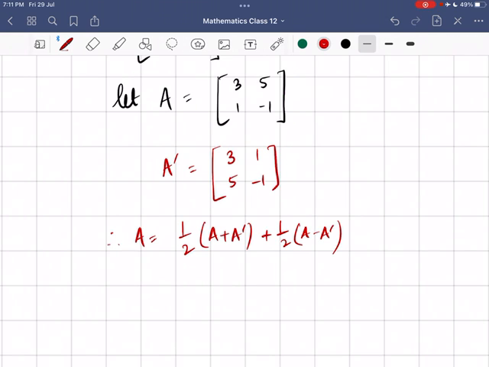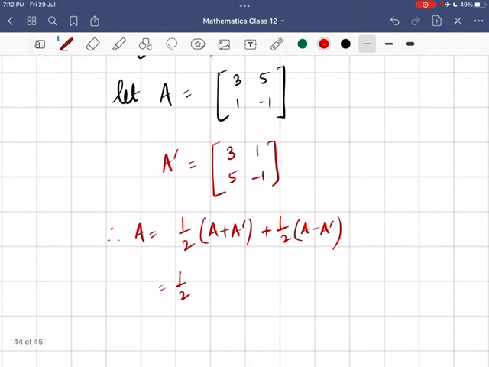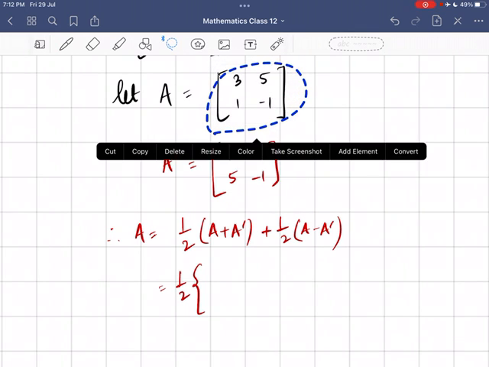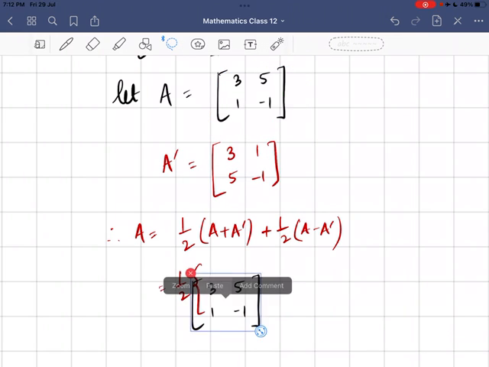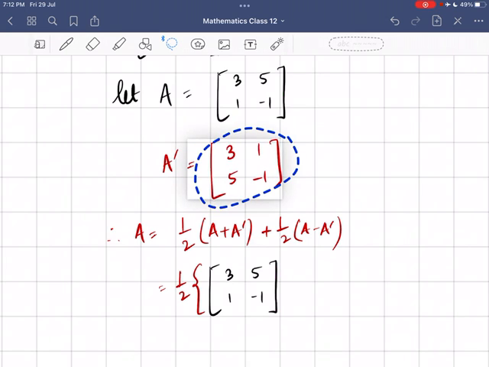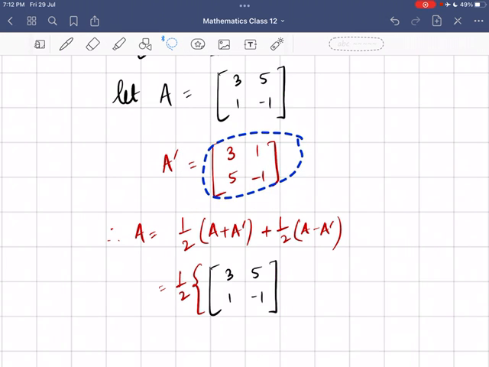So half of, now A plus A transpose, how much is that? I'm going to write these matrices. Here we have A, and here we have A transpose, and we add them up.